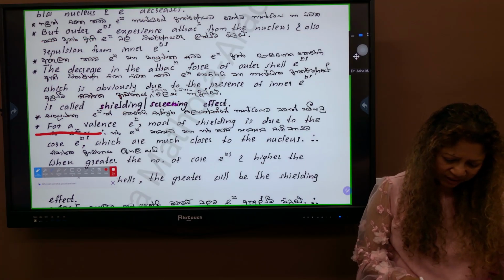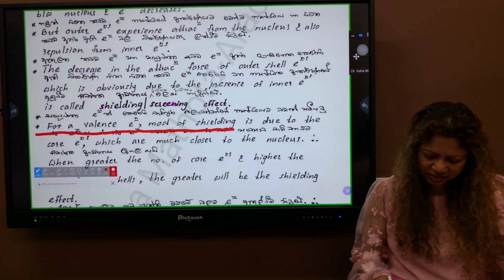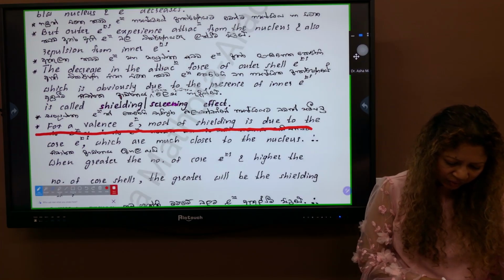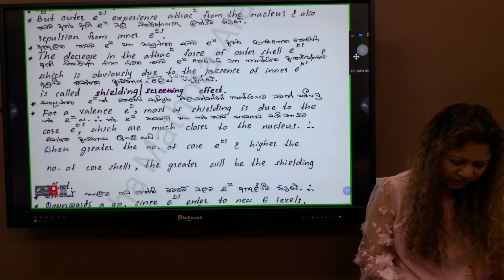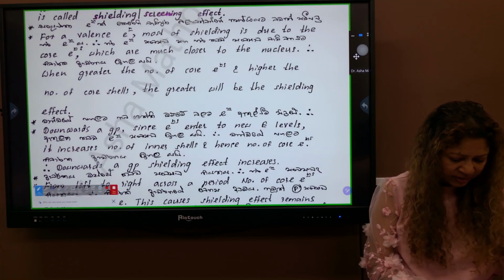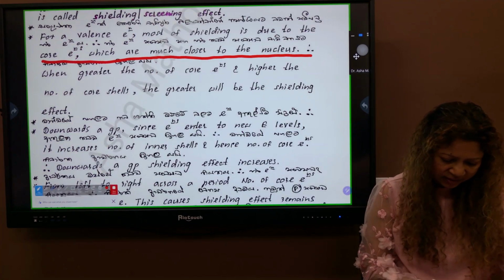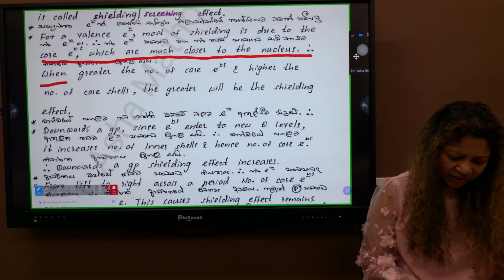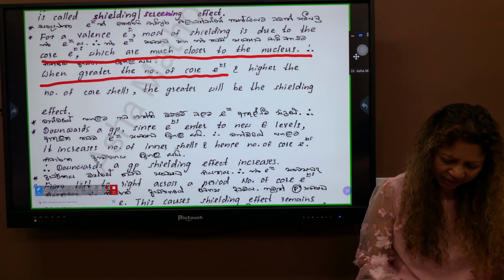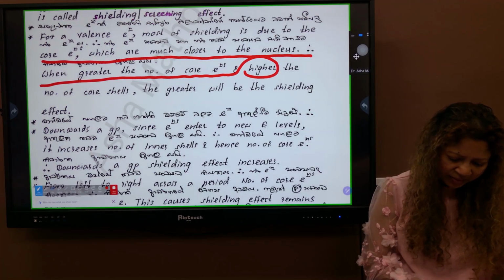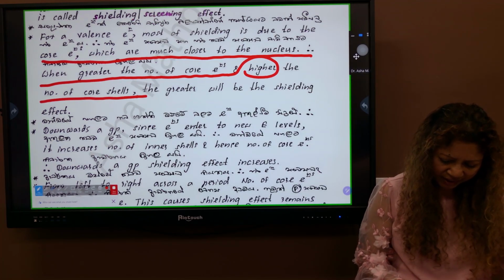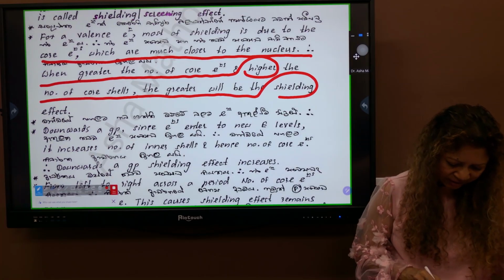For valence electrons, most of the shielding is due to the core electrons. What is the meaning of core electrons? Inner electrons, which are much closer to the nucleus. Therefore, the greater the number of core electrons, the higher the number of core shells, the greater will be the shielding effect.